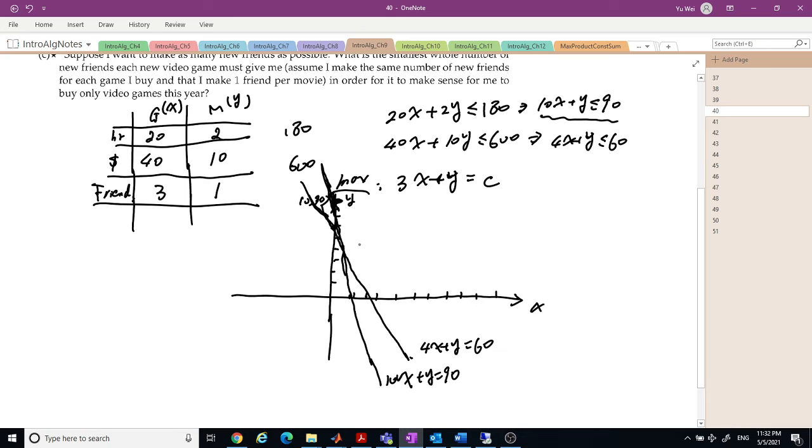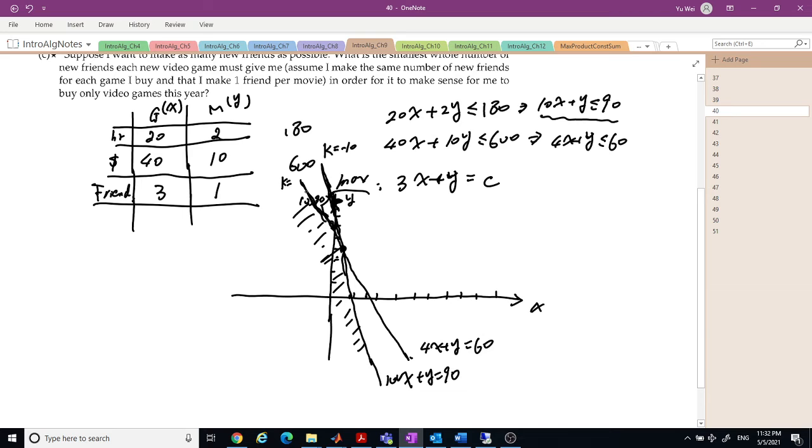Okay, so we have a region here, and our less-than region is somewhere here.